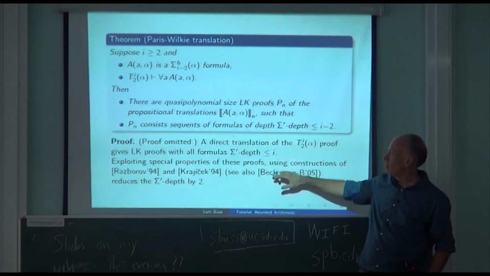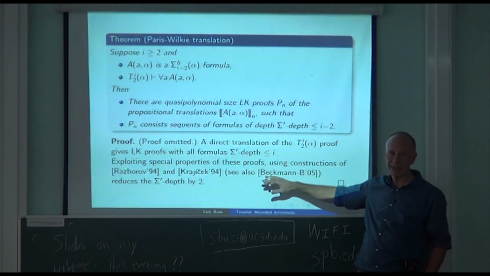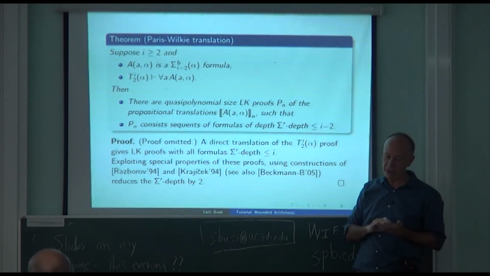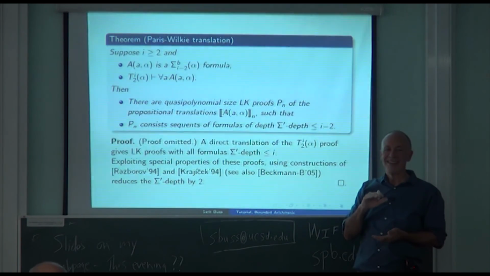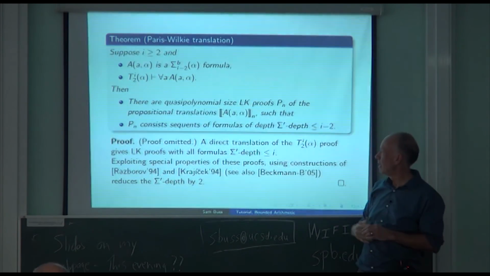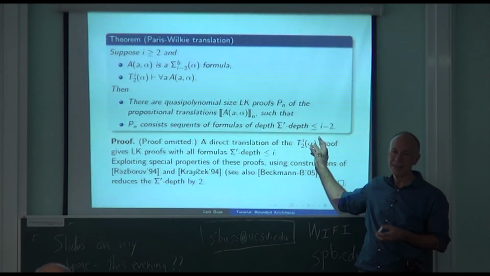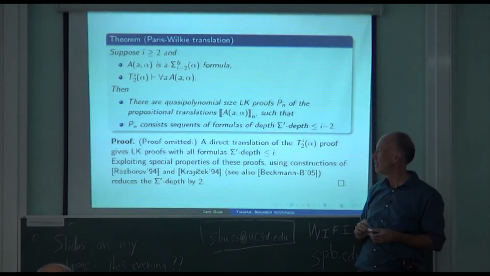These proofs have various special properties: every sequent contains finitely many formulas, they're quasi-polynomial height, and they're tree-like. These properties let us simplify the depth of the proof, and we eventually end up with a proof of sigma prime depth less than or equal to i minus 2. So you can actually get the 2 lower than expected, somewhat surprisingly.